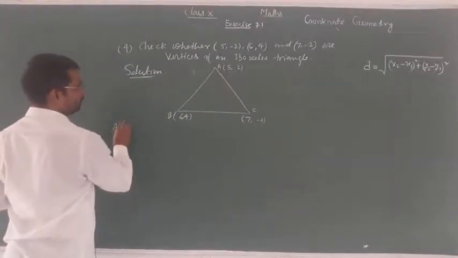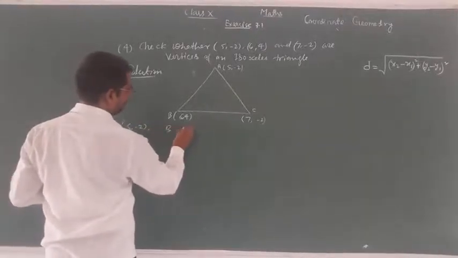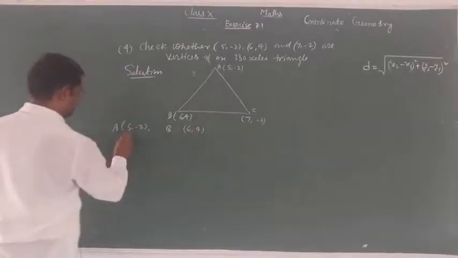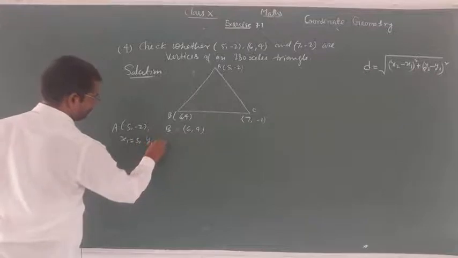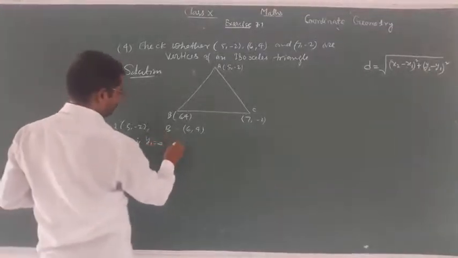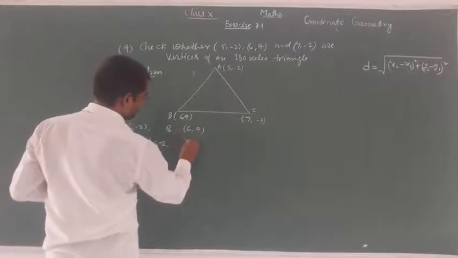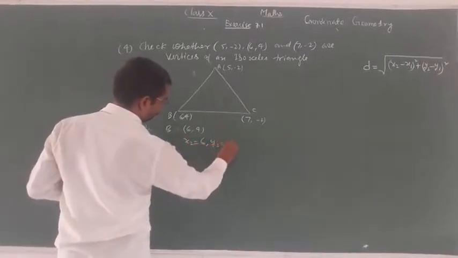A point is (5, -2) and B point is (6, 4). So x1 is equal to 5, y1 is equal to -2, and x2 is equal to 6, y2 is equal to 4.